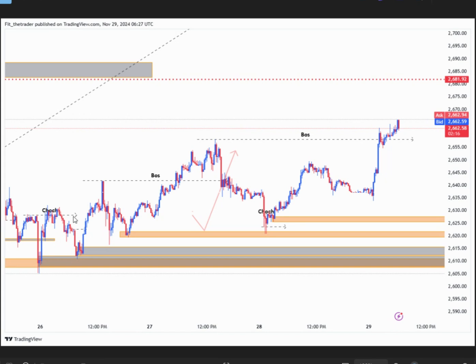Just a few minutes on, price pushed back into the actual valid demand zone and took off. And after that, there was what? A breakout of structure, and price came back and tested this demand and broke structure again. So this continues on and on.